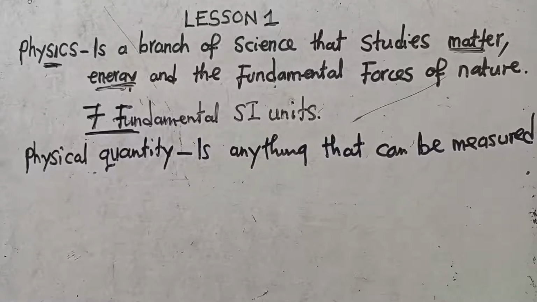They avoid confusion, so they came up with these 7 fundamental SI units. This is the reason why, if you are calculating any question in physics, there is a specific unit that quantity should be put in. I don't know if you are getting what I am saying.